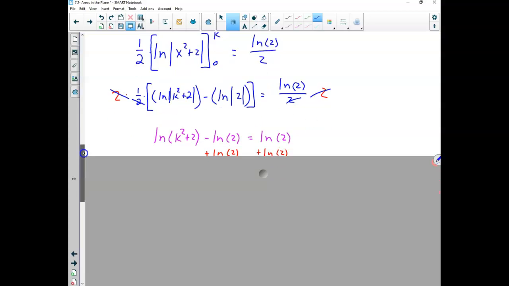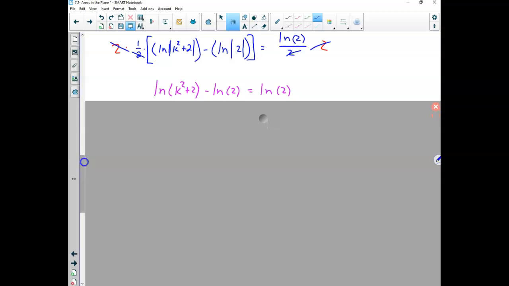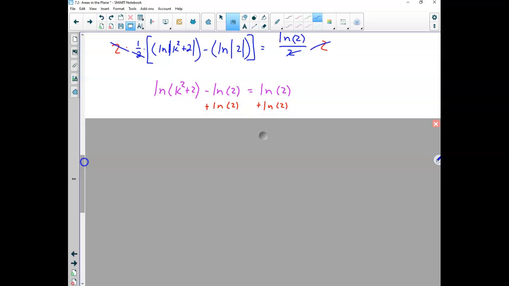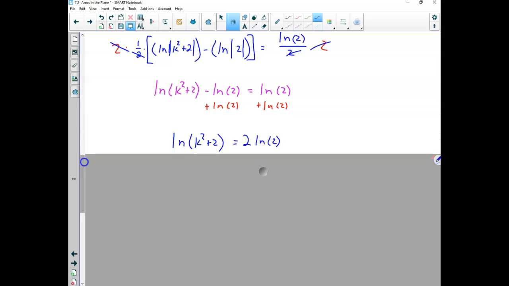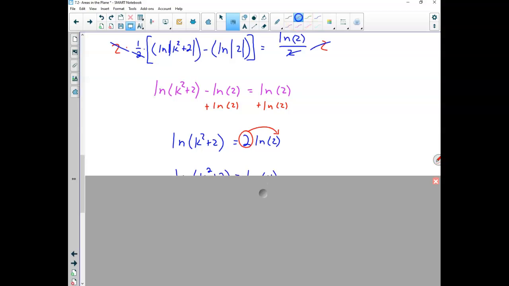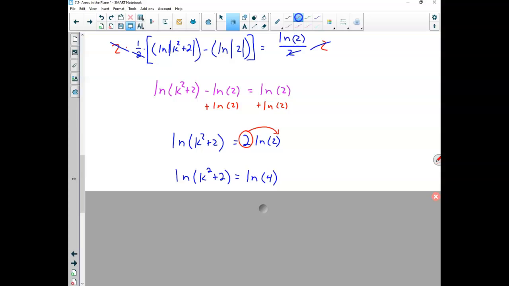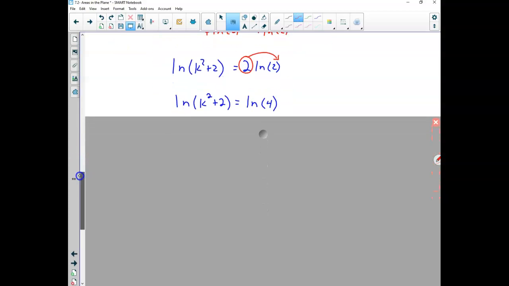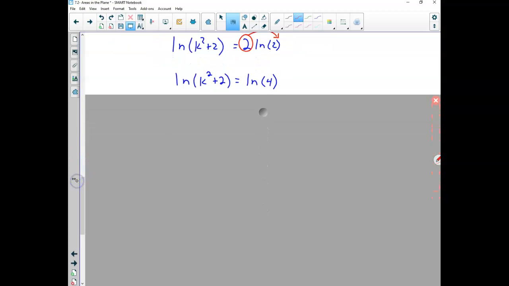Then I add an ln 2 to the other side, so I get ln of k squared plus 2 equals 2 ln 2. Oh, wait a minute, don't forget, I can take that power up there. That's really the ln of 4 on the right-hand side. So now I get the ln of k squared plus 2 equals the ln of 4.